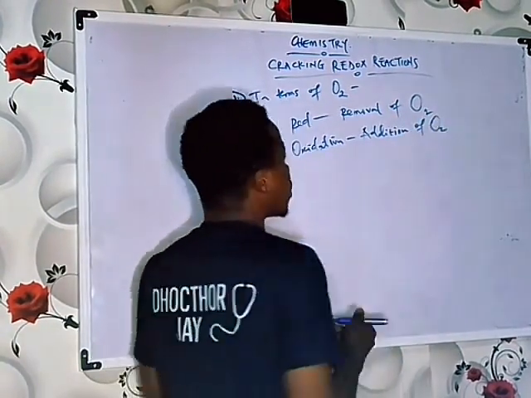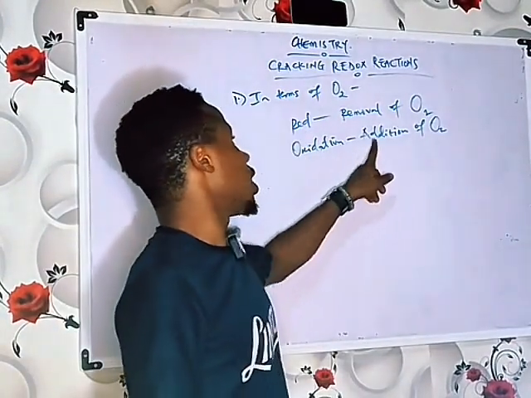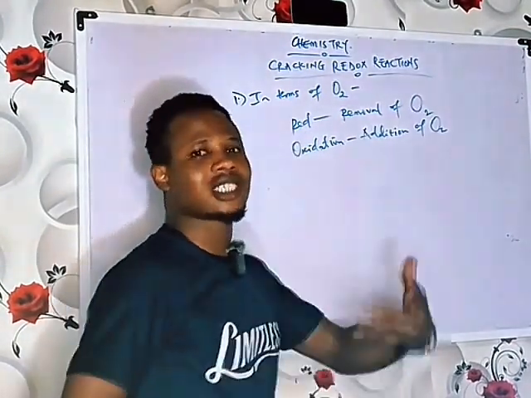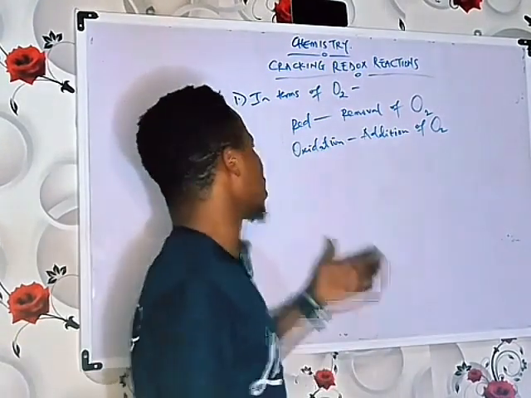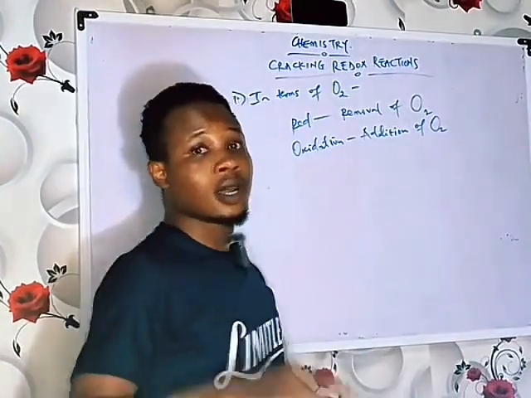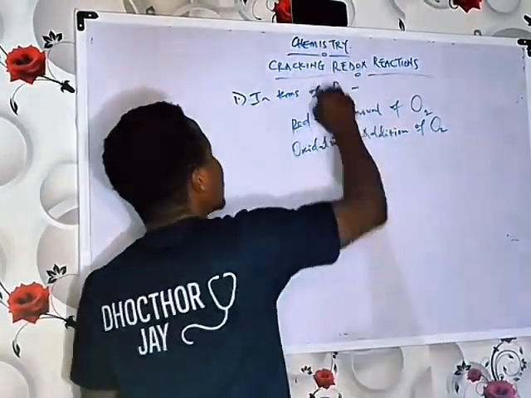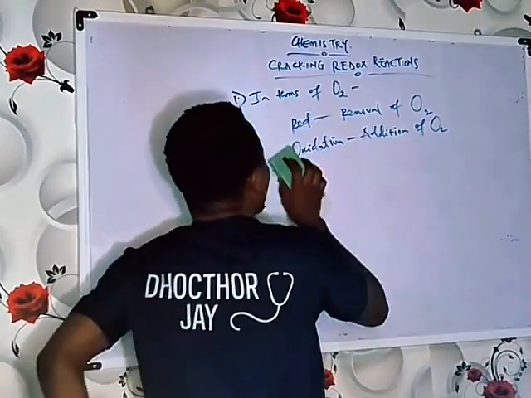Redox in terms of oxygen: removal of oxygen for your reduction, addition of oxygen for oxidation. So you expect that oxidation is going to be favoring oxygen. That's the first term. We go again. In terms of oxygen, reduction is removal of oxygen. Oxidation is the addition of oxygen.